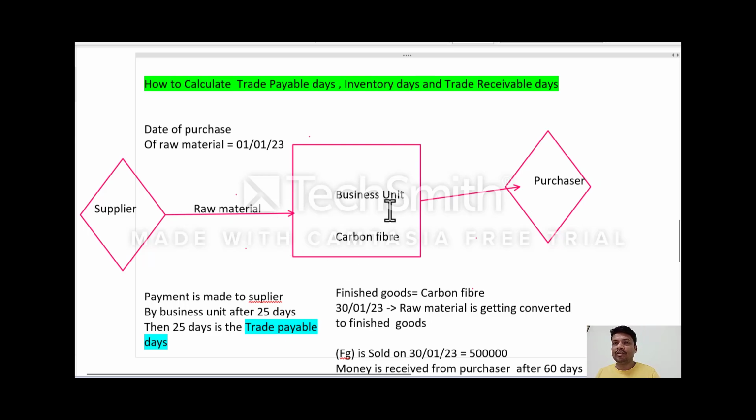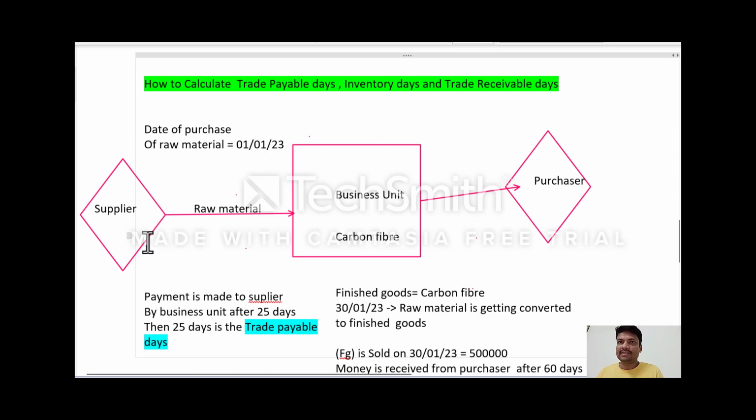Now, what is trade payable days? What is trade payable, or sundry creditors? It is very simple. When the business unit purchases raw material from the suppliers, there may be some terms in the agreement that we will pay after some days.